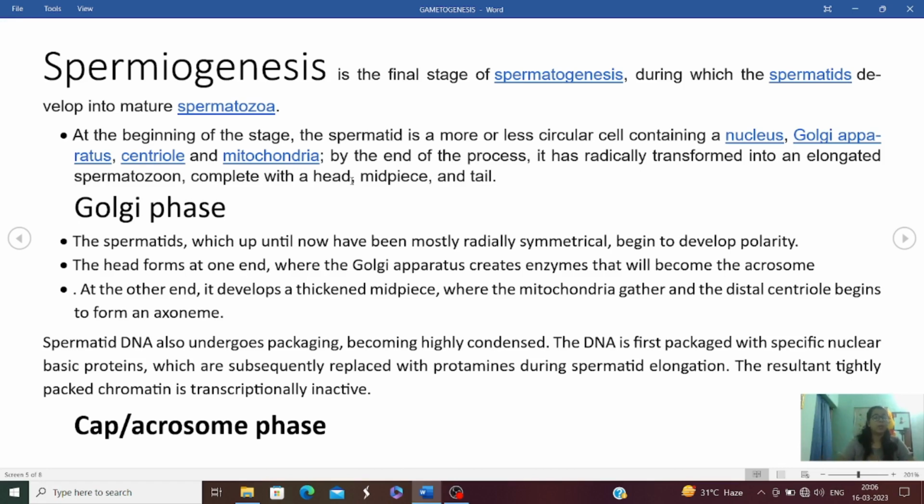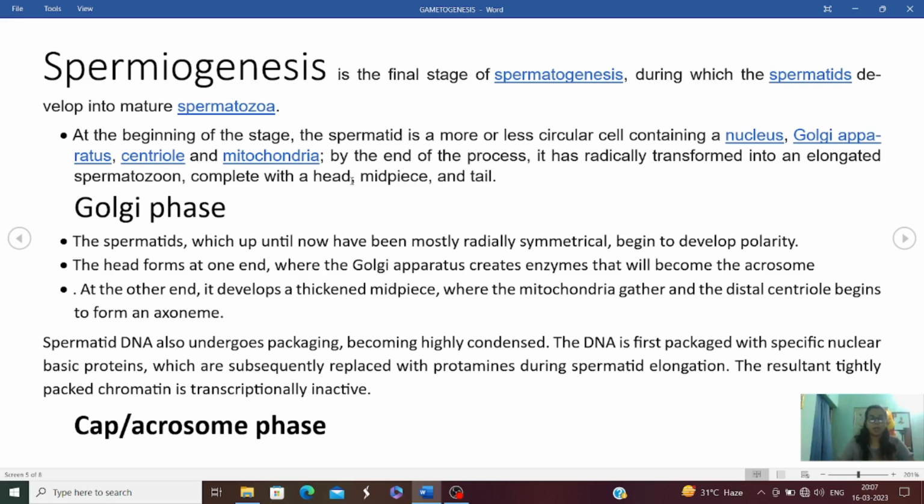And what is the acrosome? The acrosome is a main part of the head of the sperm, which helps in the fusion with the egg. The acrosome is responsible for the fusion of the sperm with the egg membrane, which we will deal with in detail when we read about the fertilization chapter.